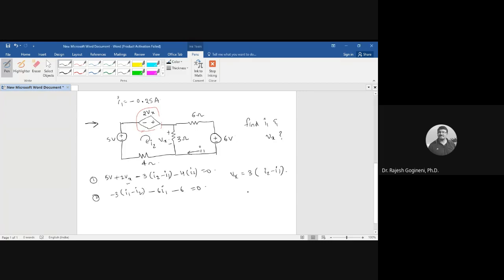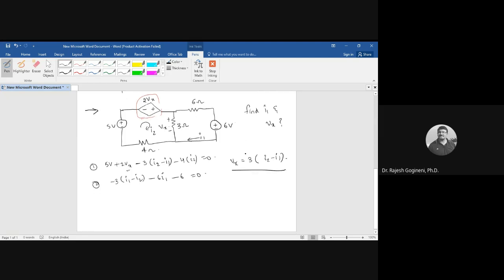One more relation is required to solve this problem, that is nothing but Vx is 3 into (I2 minus I1). So substitute this Vx in the first equation, so that you will get only 2 unknowns, I1 and I2, and 2 equations. 2 equations and 2 unknowns, you can solve this problem easily.